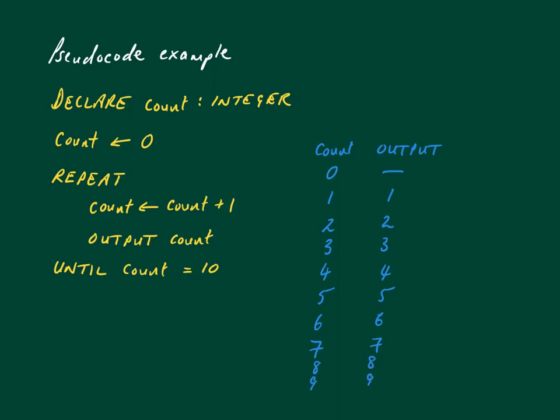And then when count becomes 10, we output 10, because we're testing. Once we increment count, we output it, and then we test if count is equal to 10. And so we end up with an output which is 1, 2, 3, 4, 5, 6, 7, 8, 9, 10.